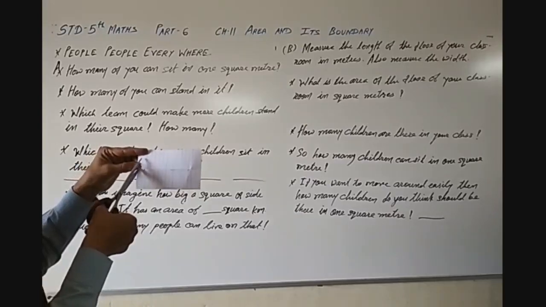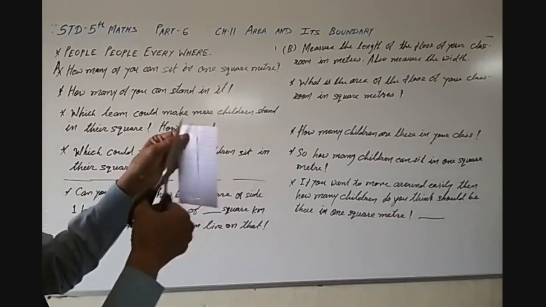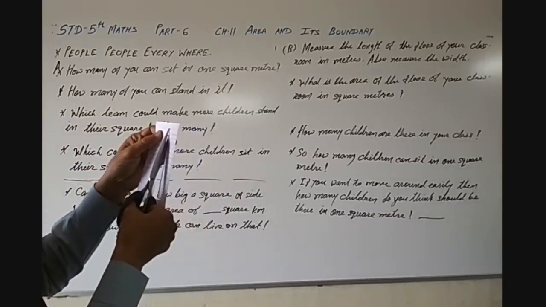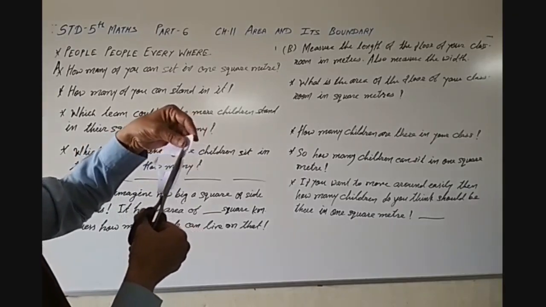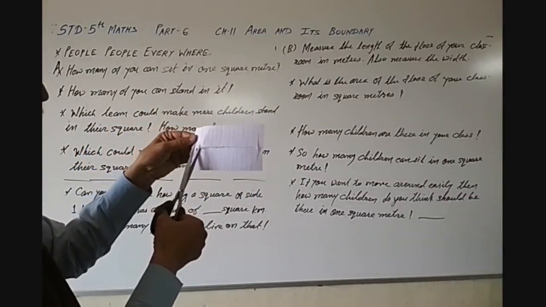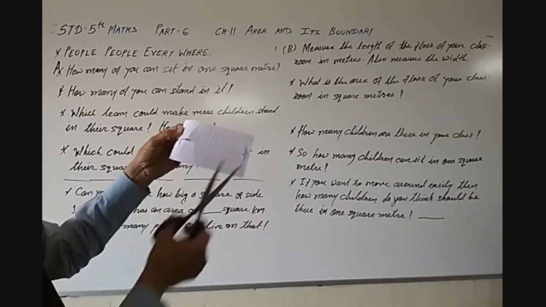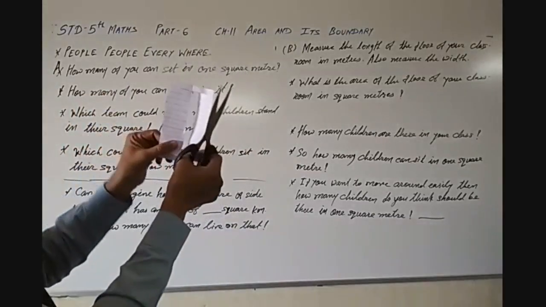It is not that easy, let me tell you. Now here also, and this side up to this, and this side up to this. So I cut this postcard in I shape, you can see.